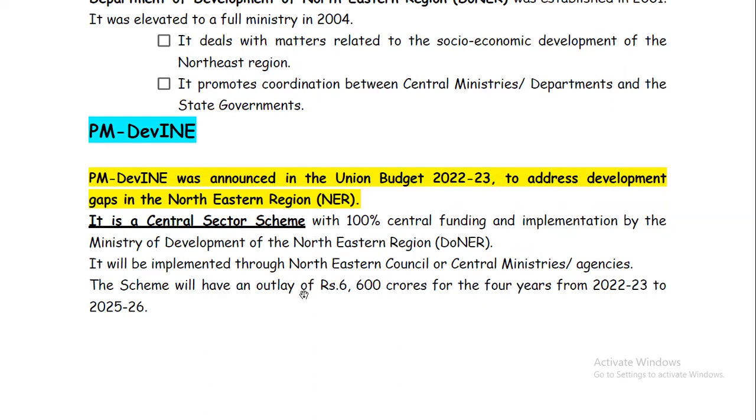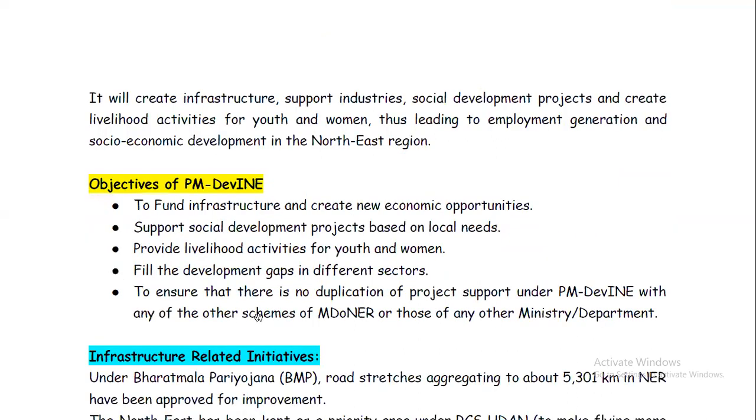Now, it will be implemented through the Northeastern Council or central ministries and agencies. The scheme will have an outlay of 6,600 crores for the four years from 2022-23 to 2025-26.